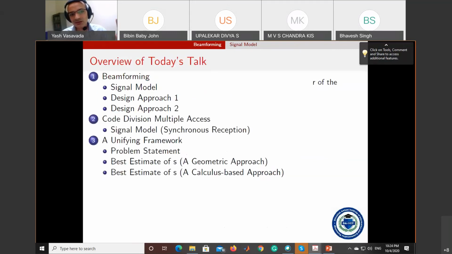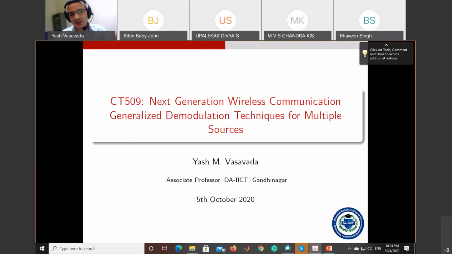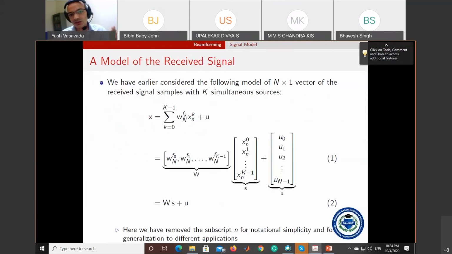Remember, the title of this lecture is generalized demodulation. We already saw how the conventional QPSK or 8PSK receiver will receive X, and from that it will figure out this vector S that we have seen earlier. All that it does is it multiplies X by W Hermitian.